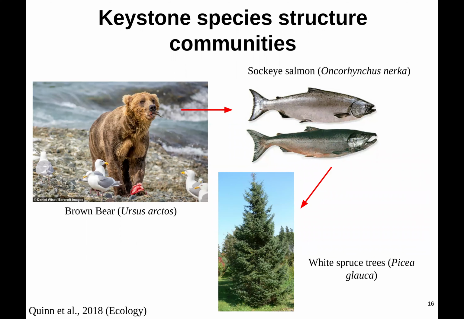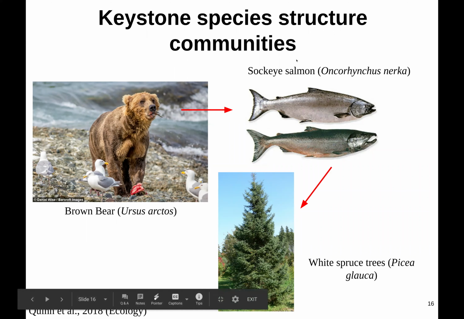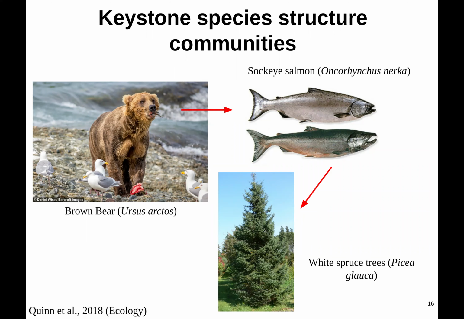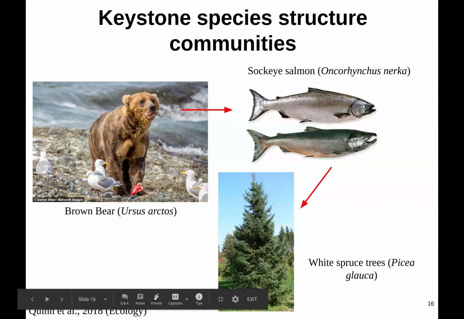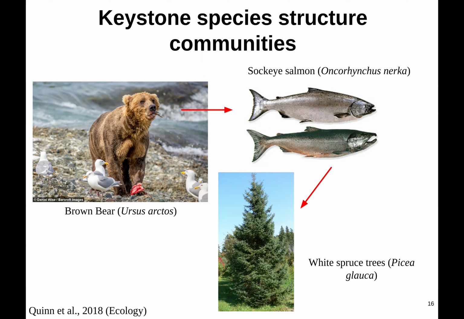Now, another example of this is from a paper in 2018 looking at the brown bear. The brown bear eats the salmon, but the effects of the brown bear aren't just limited to the salmon. It actually affects directly the trees. The interesting thing here is that the bears are taking nutrients and materials from the salmon, and they poop in the woods.